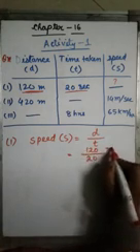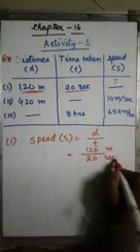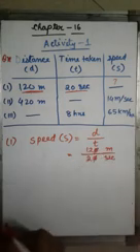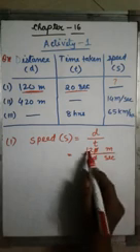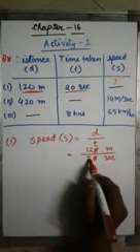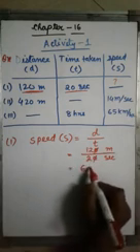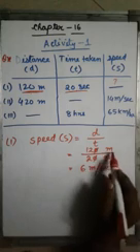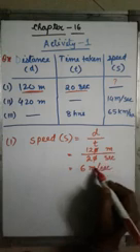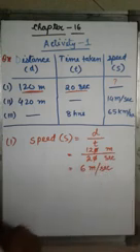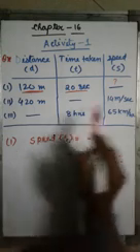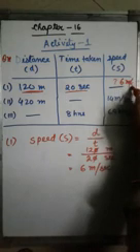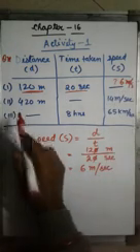So it is 120 meter and below it is 20 seconds. 0 will be cancelled out. If you divide 12 by 2, it is 6 meter per second. Meter divided by second. So speed, here the answer is 6 meter per second.